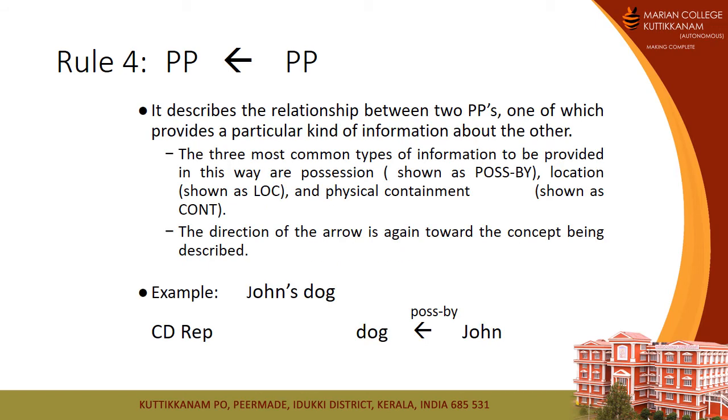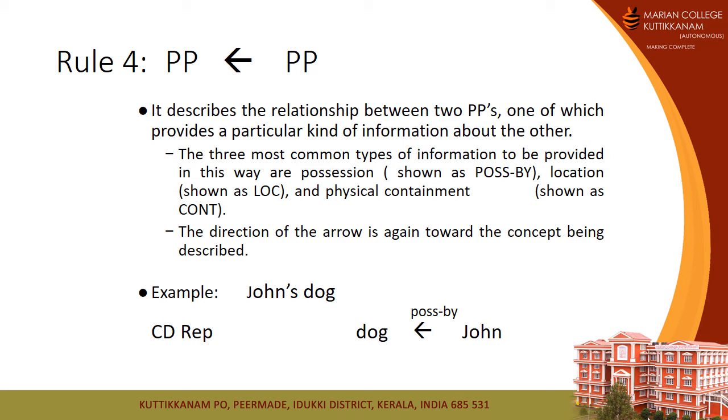Then the fourth one describes the relationship between two PPs, one of which provides a particular kind of information about the other. The three most common types of information provided this way are possession, location, and physical containment.